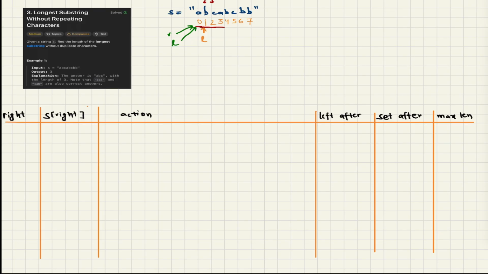So now I have BCA. Is that a valid substring? Yes, it is. So I will extend my R. Now my R is here. Is BCAB a valid substring? No, it is not. So I'll shrink my window. Now my L will be pointing to this.